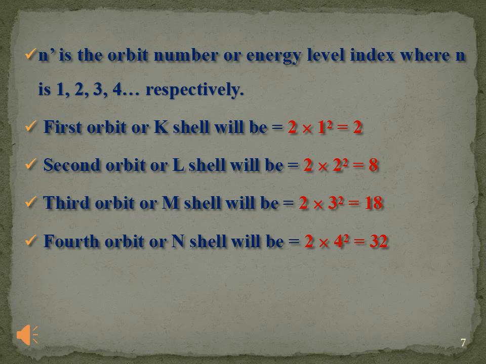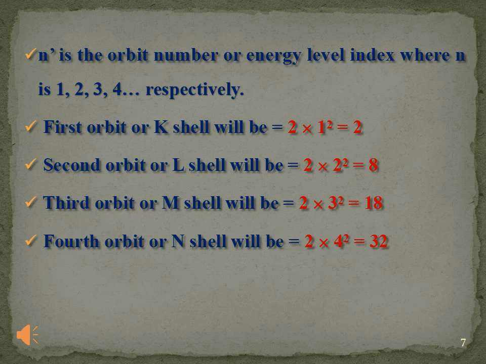We have seen that n is 1, 2, 3, 4 respectively, and this concept we have seen in the energy level of electron. Now a question arises, what is n? Then we can say that n is the number of orbit, or we can say it is the energy level index, right? And we saw the very first rule, that the maximum number of electrons present in a shell is represented by the formula 2n square.